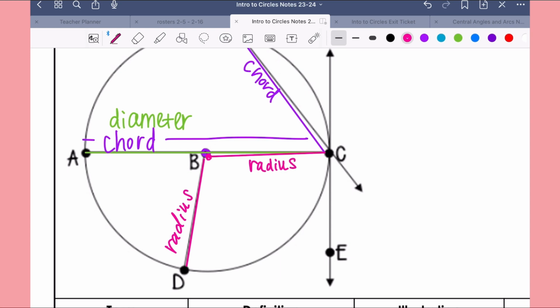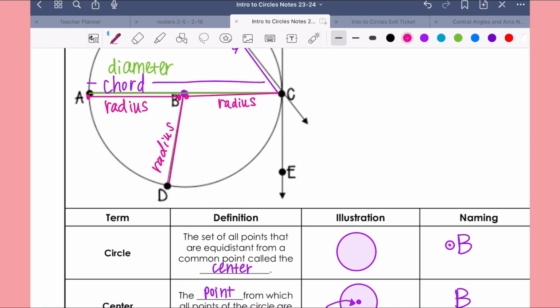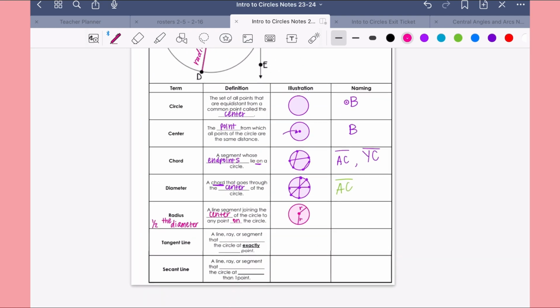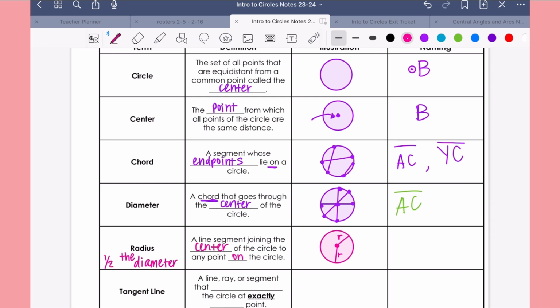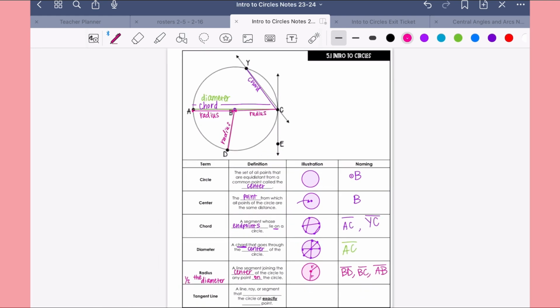And I could also go this way, AB. And I believe that's it, from the center to the edge. So that is BD, BC, and AB. Okay, so those three.